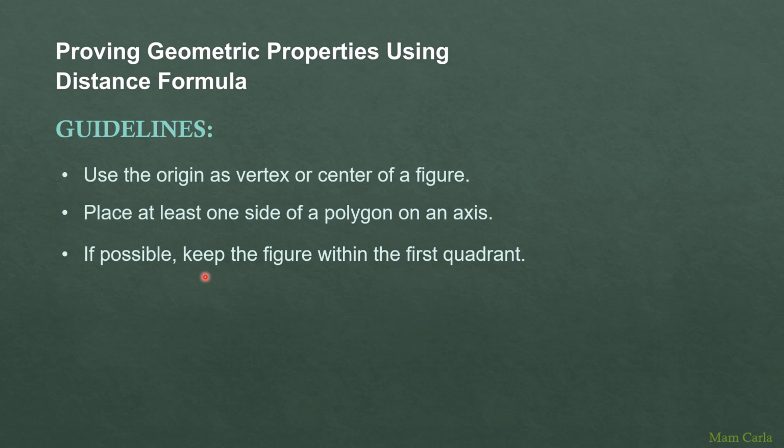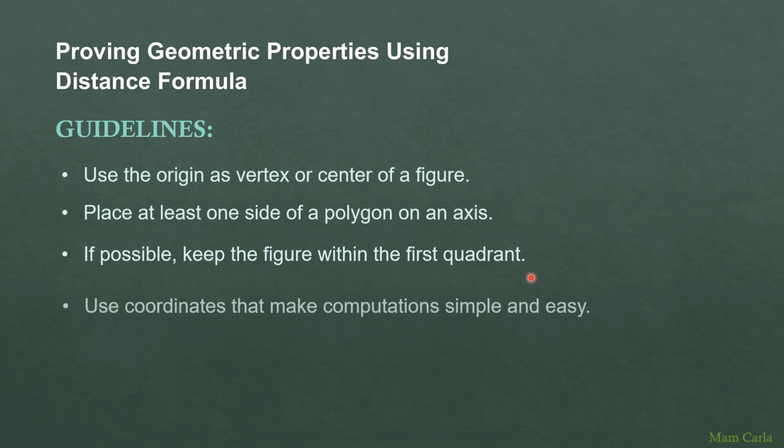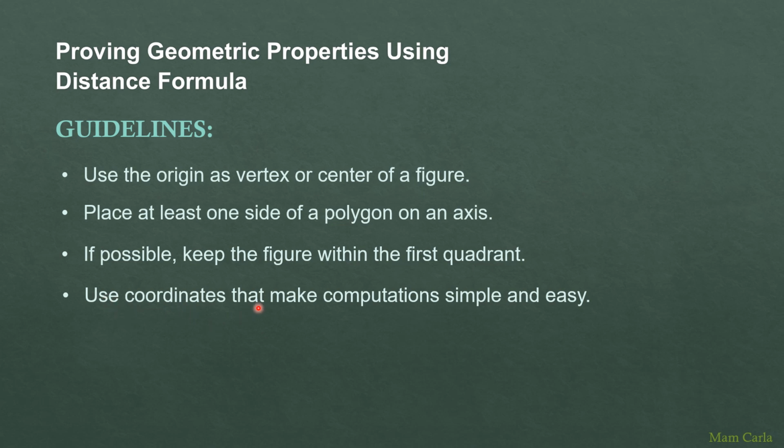And if possible, we have to keep the figure within the first quadrant. And we have to use coordinates that make computations simple and easy. This would mean that sometimes using coordinates that are multiples of 2 would make the computation easier.